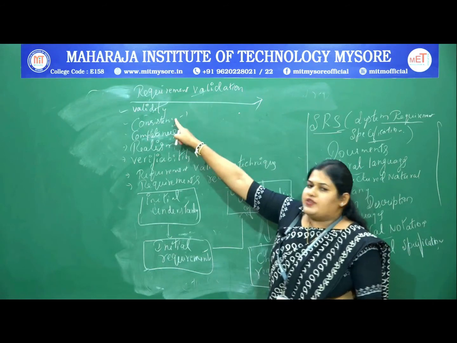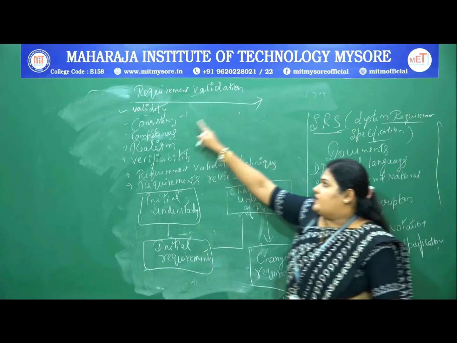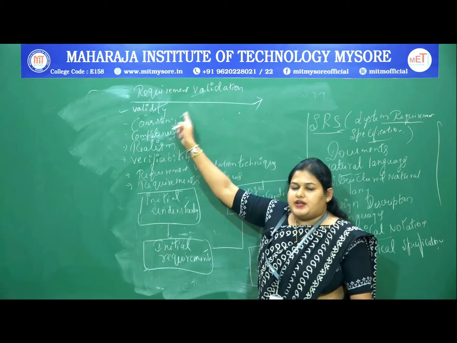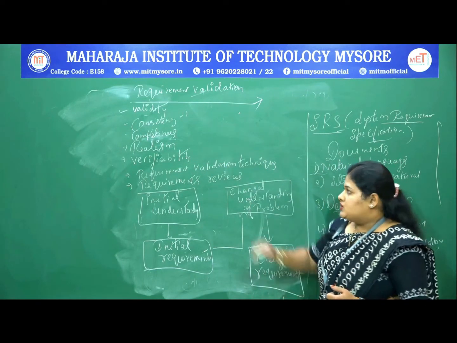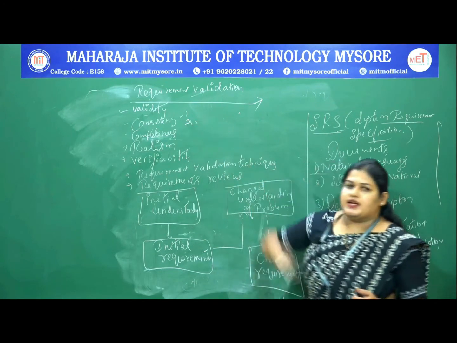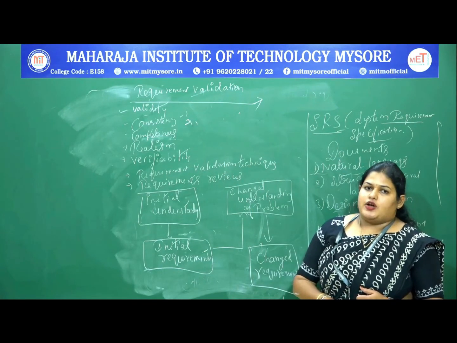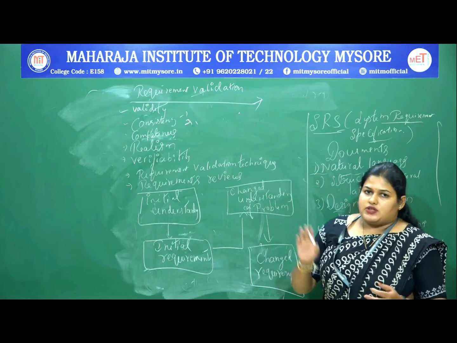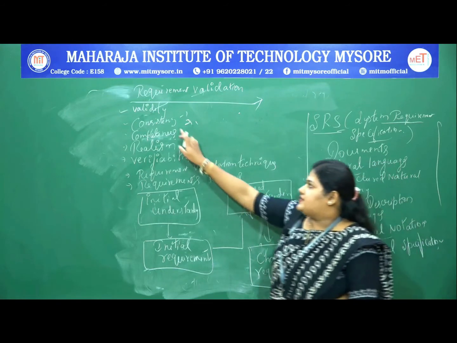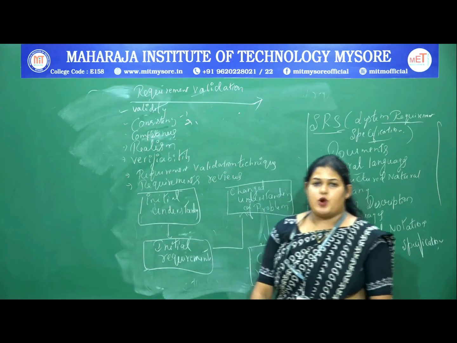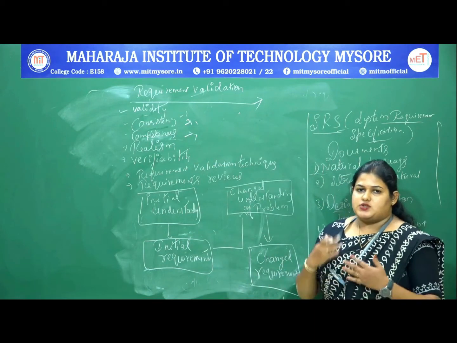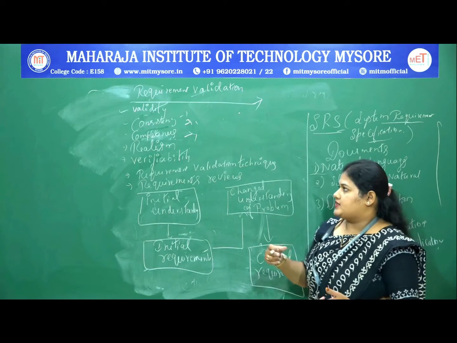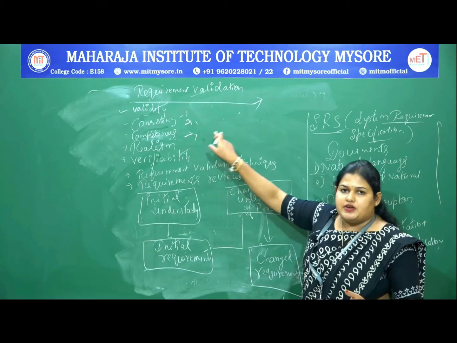If that succeeds, then with respect to this product, yes, I can find this out and validate it. Next, it should reach consistency: if there are any conflicts, they should be resolved, so the product maintains consistency. Then completeness: all the functions the customer is expecting should satisfy the requirement.